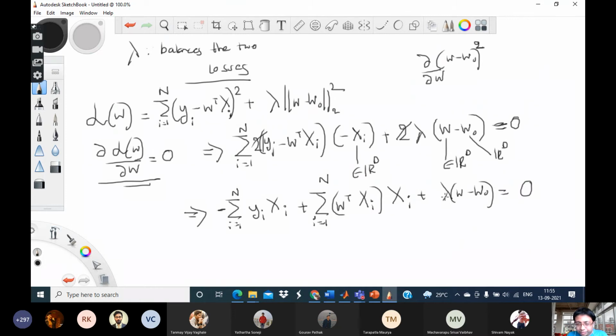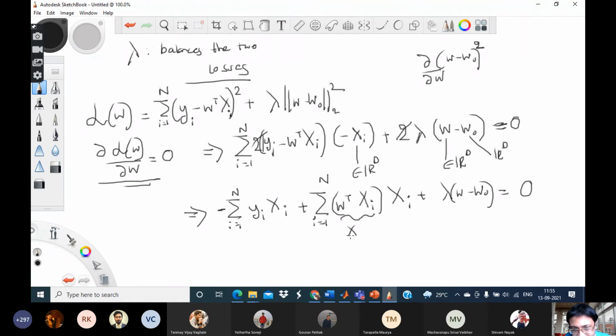What we are interested in, of course, is w. So I will send all the non-w terms to this side, and I will try to take w as a common factor. The problem here is that here I have w transpose, here I have just w, so I cannot take a common factor out. So I will do some mathematical trickery.